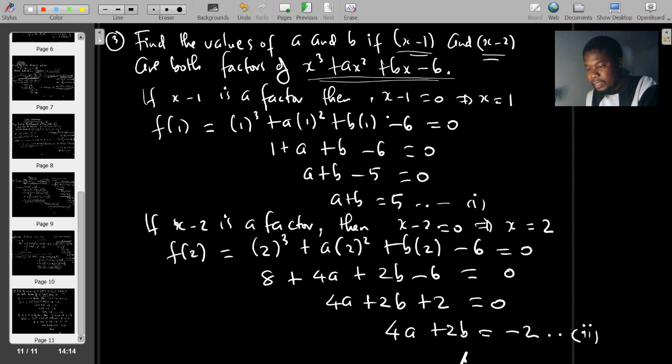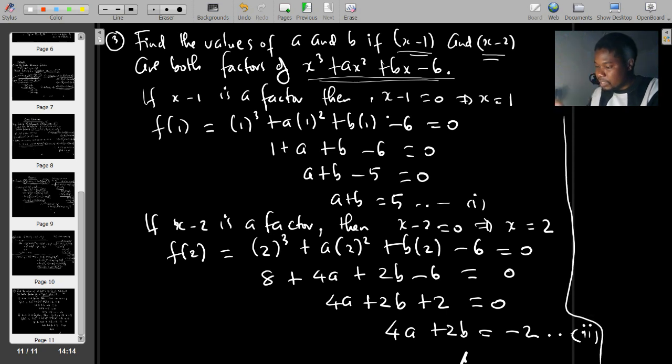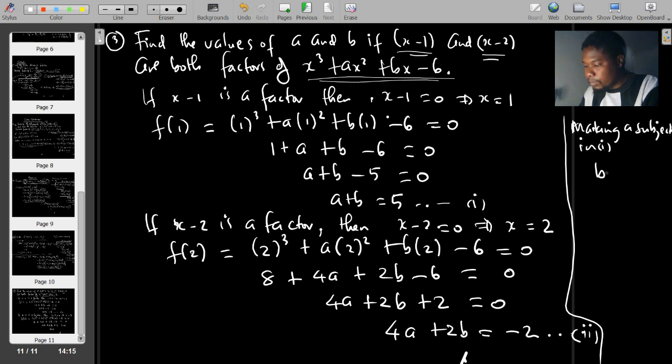So we have on our hands a simultaneous equation problem. From there we can just do it on the side. Making b the subject in 1, b will be equal to 5 minus a.